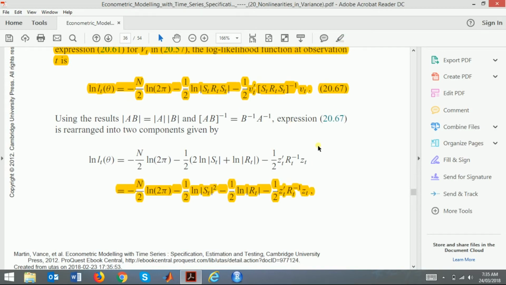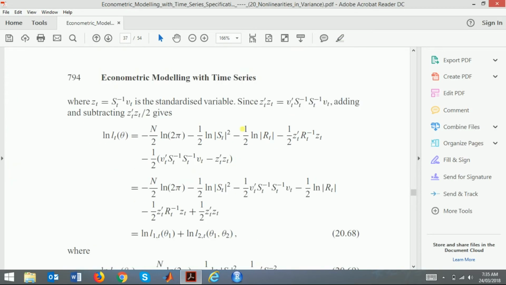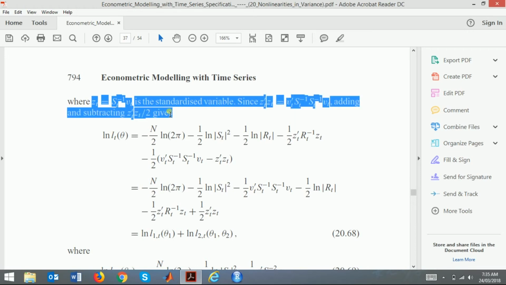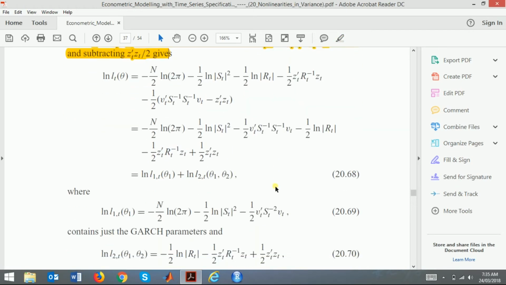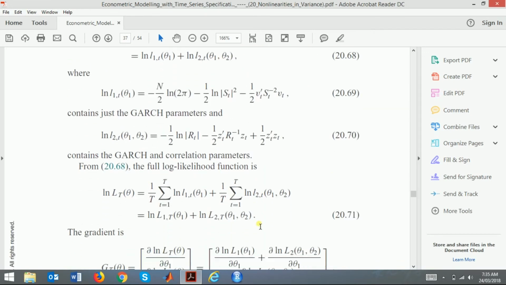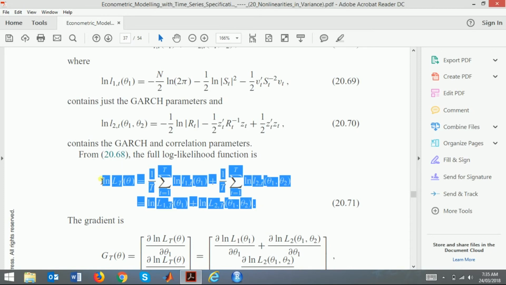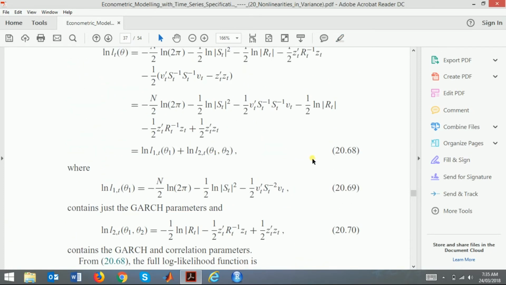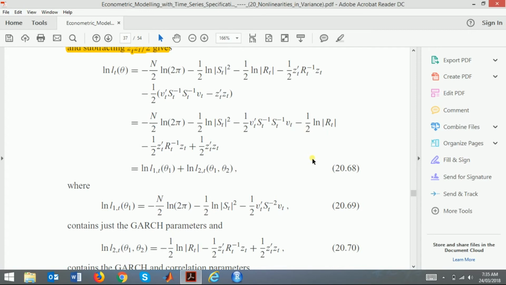This becomes your log likelihood function, where Z is equal to S inverse times u, a standardized variable. Adding and subtracting will give you something like this. Gaussian correlation. The full log likelihood function is this equation. So many equations basically.